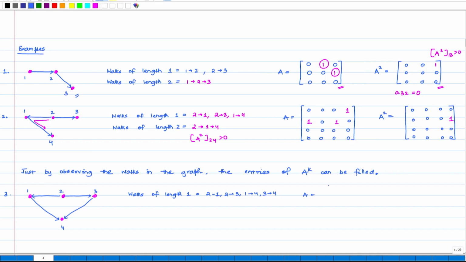Meaning, again, if I am trying to write A, then the entries 2 to 1 will be non-zero, 2 to 3 will be non-zero, 1 to 4 will be non-zero, and 3 to 4 will be non-zero. Rest of the entries in the adjacency are going to be equal to 0.